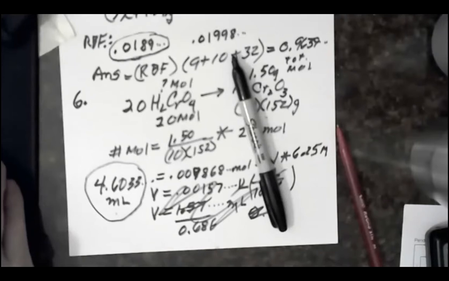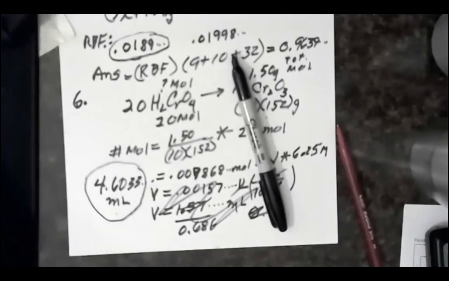If it had been what would be the yield if I've reacted this much, so many milliliters of chromic acid to get my product, and it was only 68%, I would calculate the amount that I expected to get and then multiply it by 0.686 if it's the product.